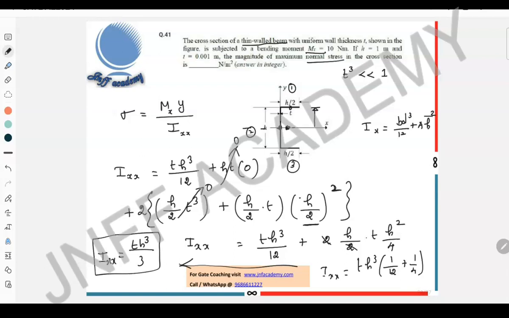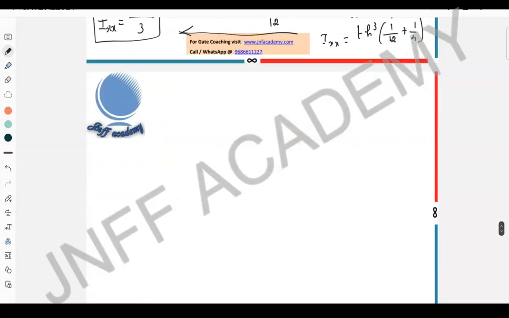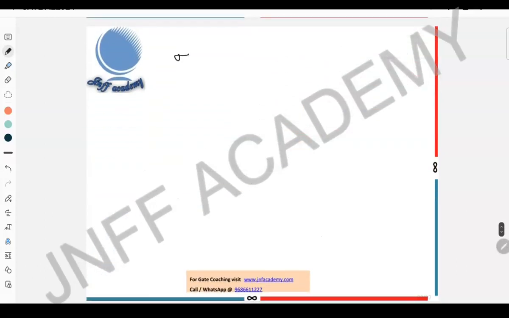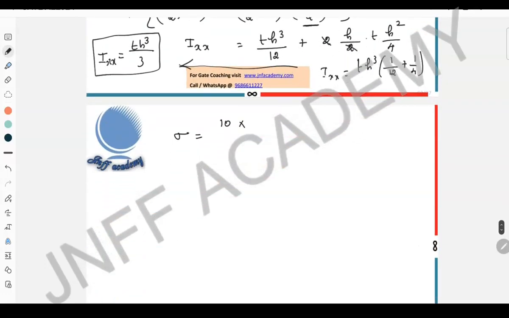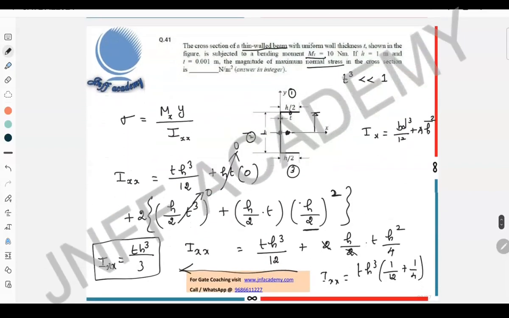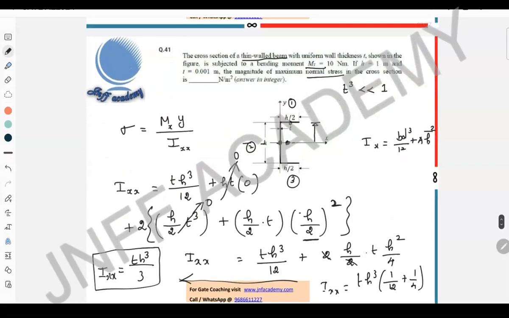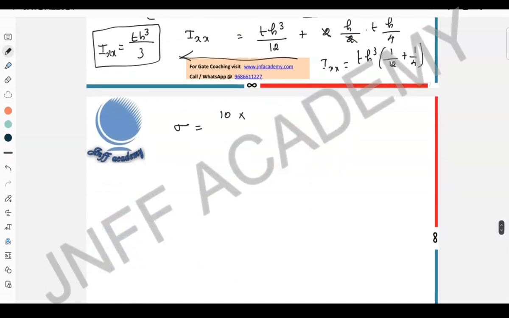Once we find the moment of inertia, we can put it in the formula. Sigma is equal to M y by Ixx. The M value is 10 Newton meter and the y value is h by 2, so half meter. You should check all the dimensions to see whether all are in the same unit or not.